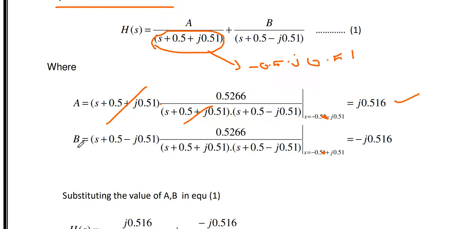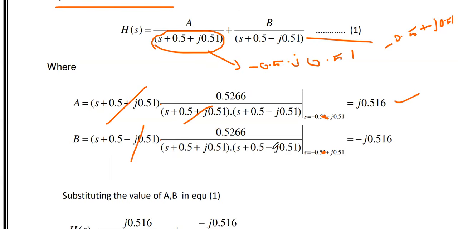Similarly, the coefficient B is calculated as the value of (s plus 0.5 minus j0.51) multiplied with the total H(s) at the condition s equal to the second pole, which is minus 0.5 plus j0.51.